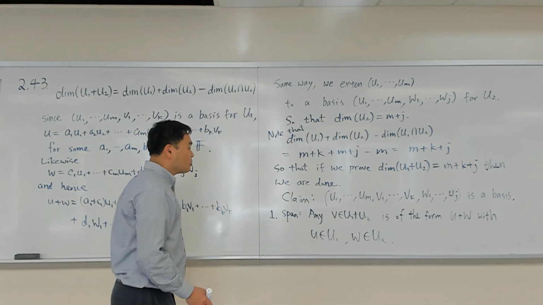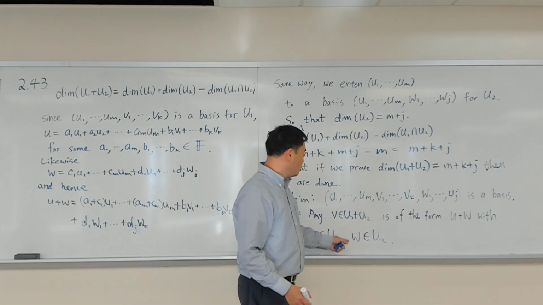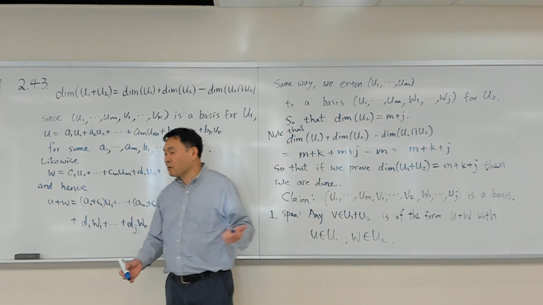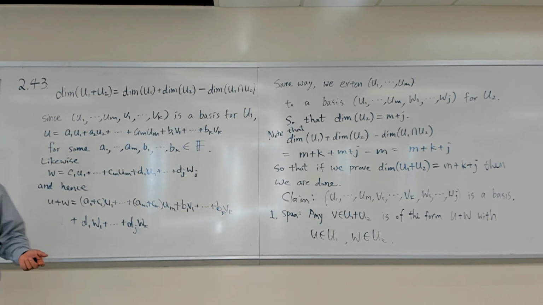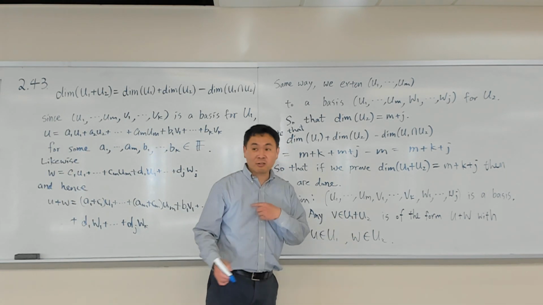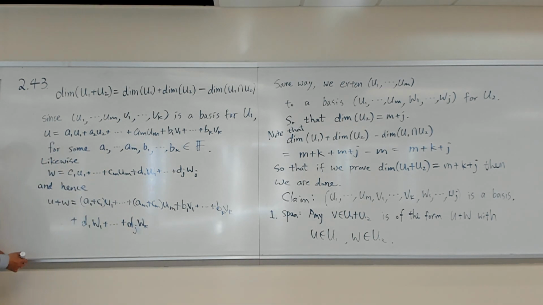And by the way, these are vectors that belong in u plus w, so the span of this is included. So that portion is usually trivial, you don't have to show that. As long as you can show that an arbitrary element from here is in the span, then you're done. Okay, so the equality is shown.